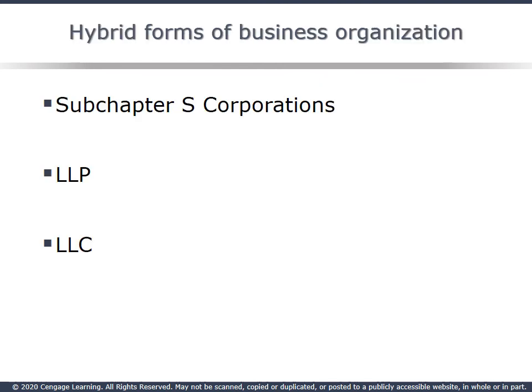We do have some hybrid forms of business organizations, and they combine the best of both worlds in that all of these hybrid forms offer limited liability, which is a big plus, and income is taxed only once, and that's at the ownership level, not at the business level.